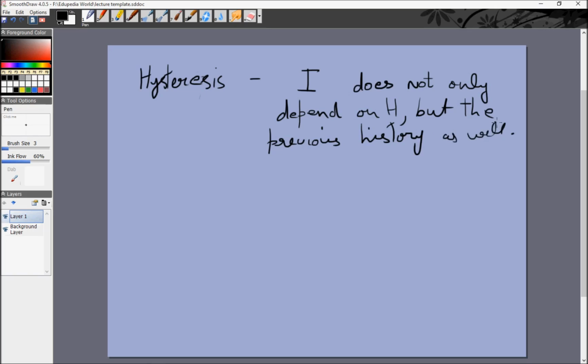And this is something we've actually not seen up till now in all of physics, right? When we say v is equal to u plus at, v is equal to u plus at regardless of what happened in the previous times, right?